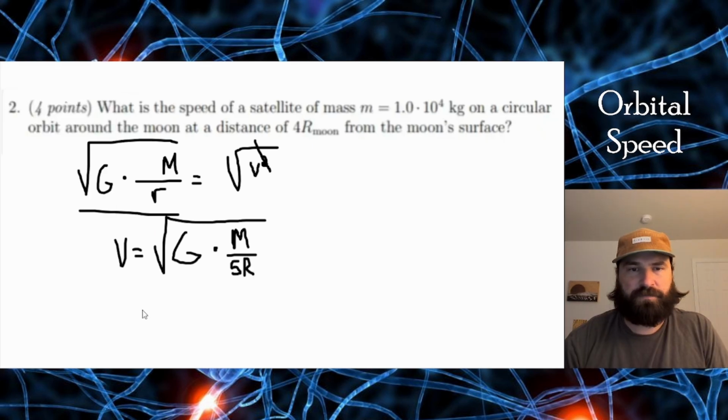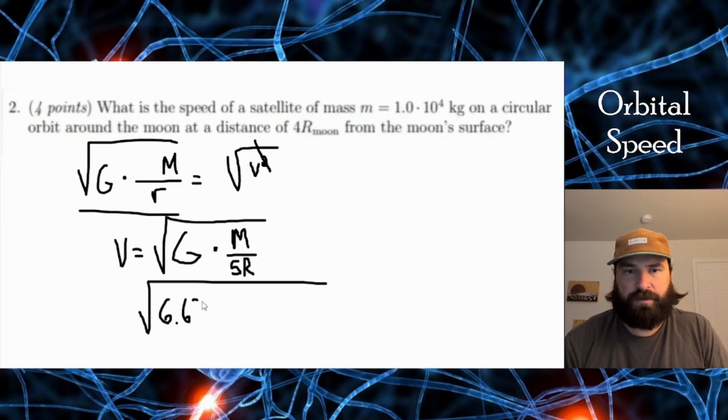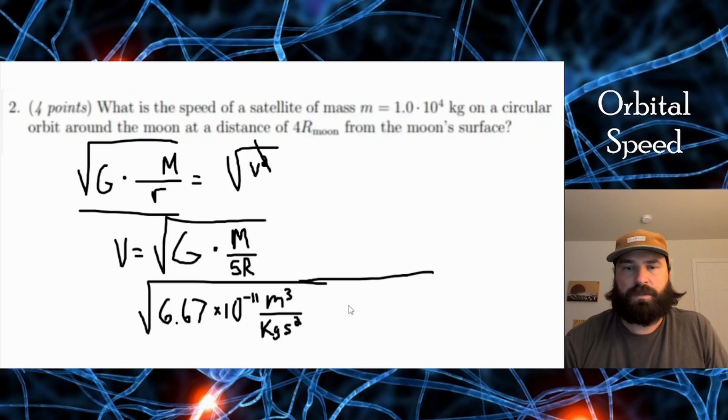So plugging in all these values, we're going to take g, which is the gravitational constant, which is 6.67 times 10 to the negative 11th. And the units are meters cubed over kilograms seconds squared. We get the mass of the moon, which is 7.35 times 10 to the 22nd kilograms.